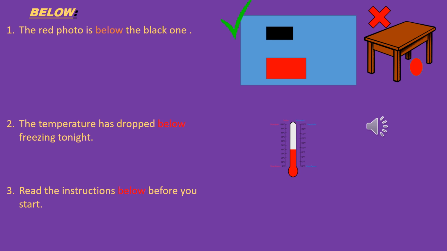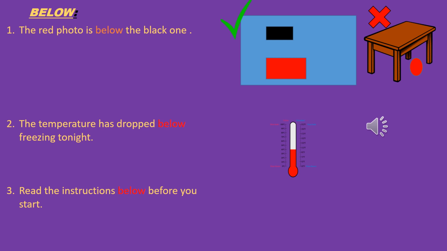Suppose this is a sky blue wall and I am hanging a black photo and a red photo. I could have used under here to express that the red photo is under the black photo, but I have not used that. Why?